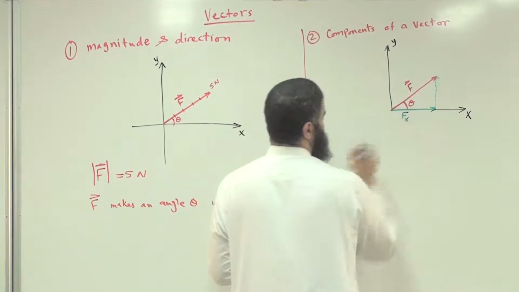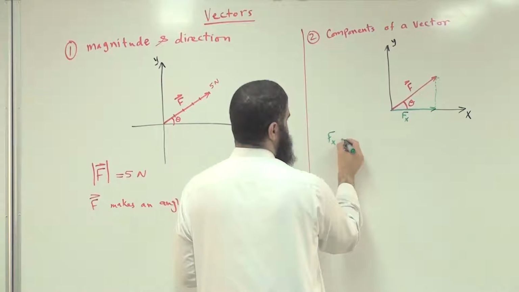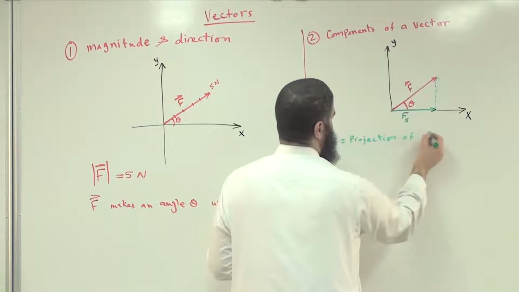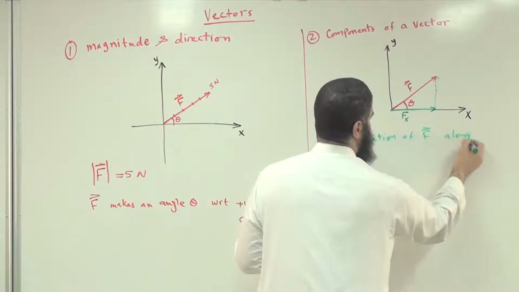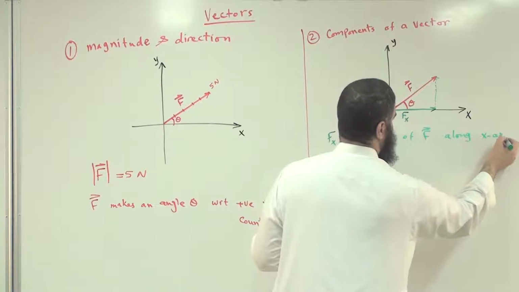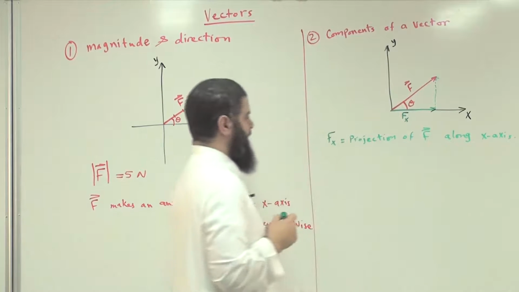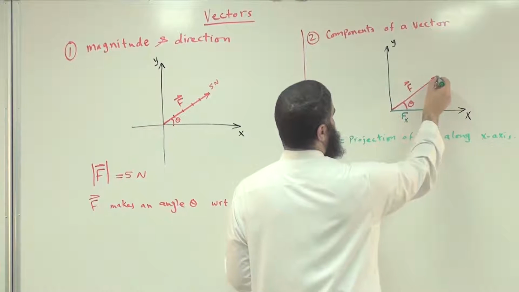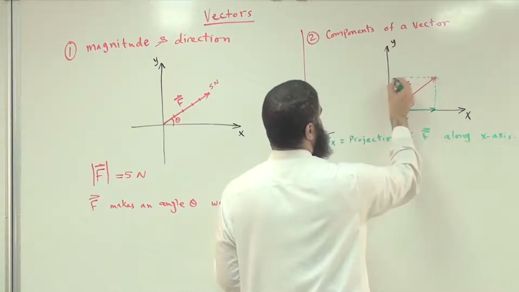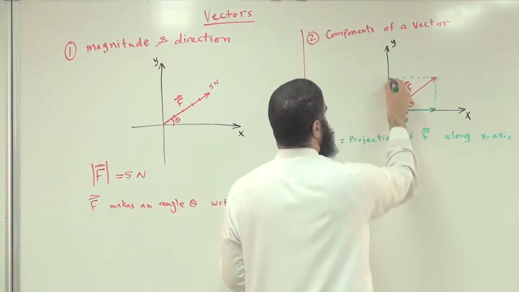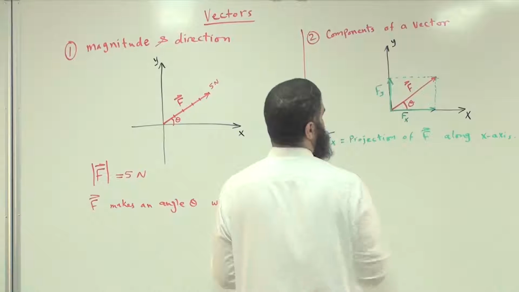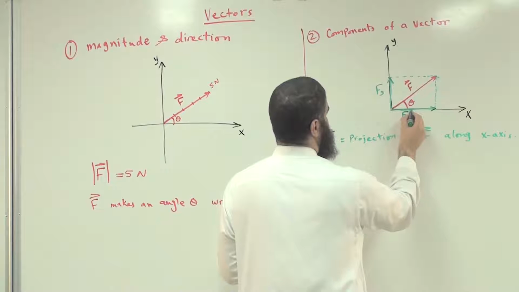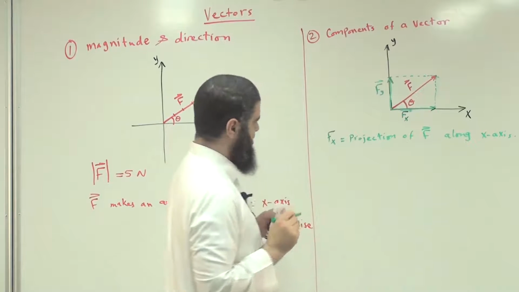From the tail of this vector until that line, this is what we call Fx. So Fx is equal to the projection of F along the x-axis. Similarly, we can draw a line from the head of F perpendicular to the y-axis, and this will give us the y component of my vector F. So this is the x component, and that is the y component.